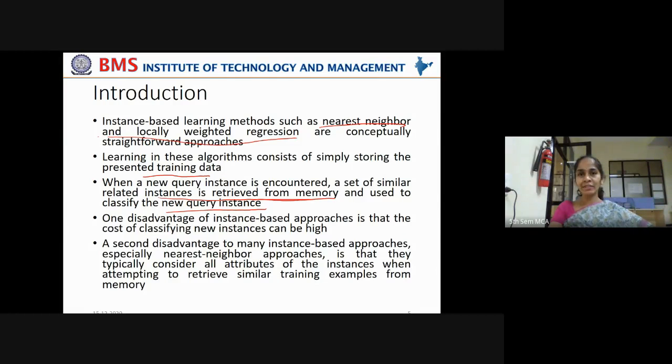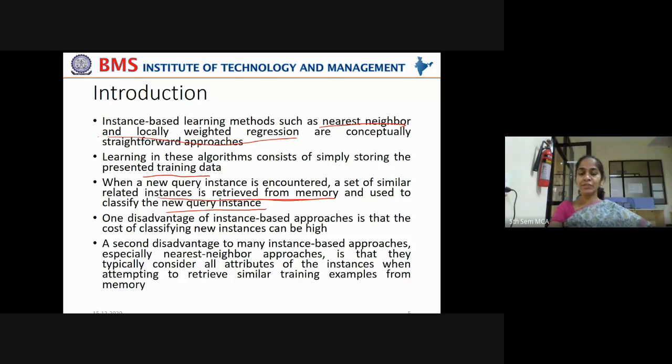Only when a new instance is given, it will be compared with all the training examples, and only then classified into a particular class. For this, a lot of comparison is required, and the computational cost will be too high, because every computation is kept pending till the end.